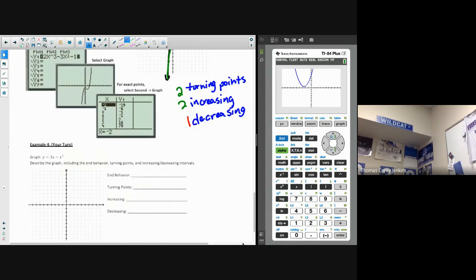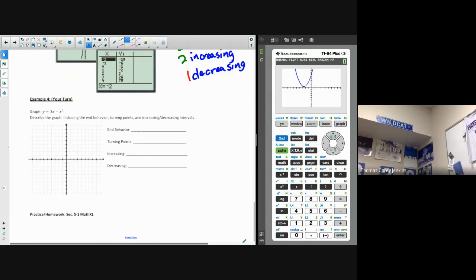I'll do one more where I have to use my graphing calculator. This one they give to you a little bit weird. We would want to write that in standard form to really think about it. So it's y equals negative x cubed plus 3x.